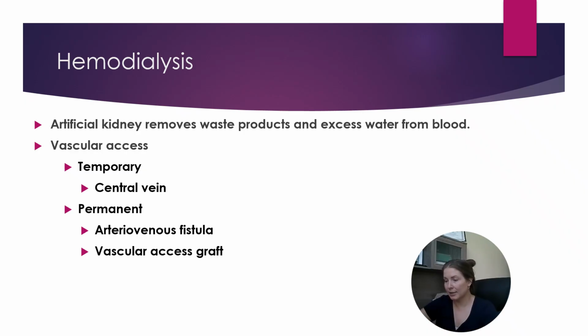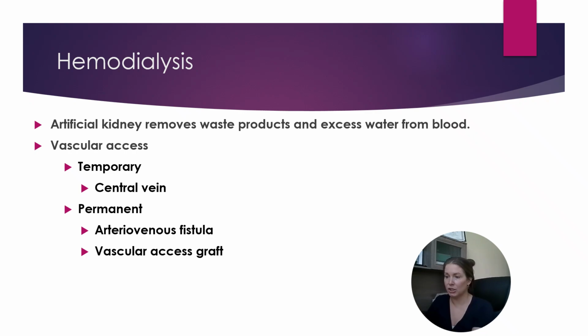A vascular access graft, that's going to be a synthetic tube that connects the artery and vein. This is going to be if the veins that they have just aren't suitable enough for a fistula to be created. So this can be used sooner, but it has a higher risk of clotting off. Okay, our temporary catheters, those also have a higher risk of thrombosis and infection.